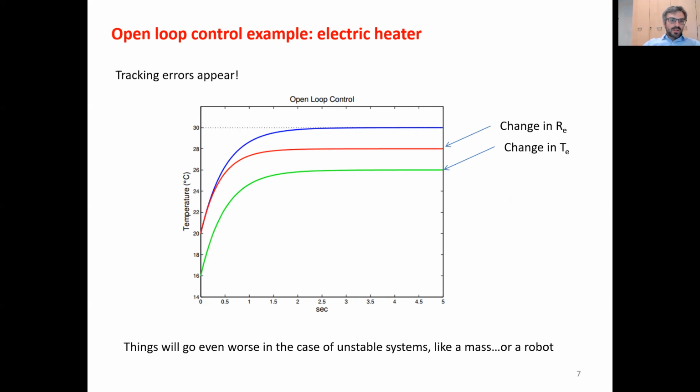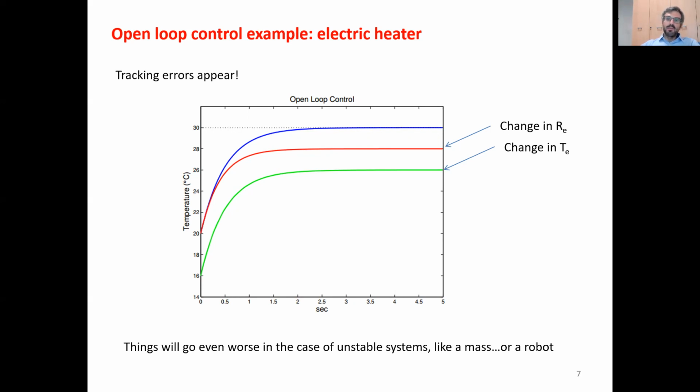So we have tracking errors. Think about a stable system, because a thermal system is something that does not diverge by itself. But as I said, open loop control is even worse for robotics because we are working with unstable systems.